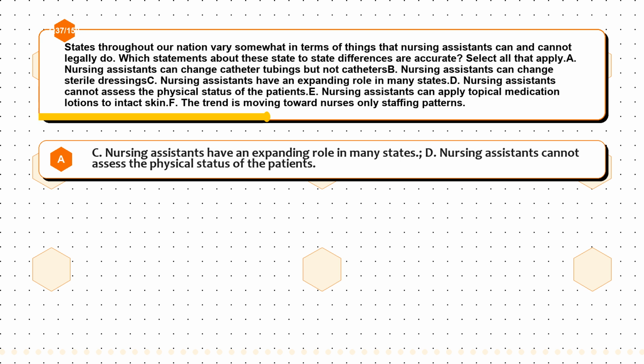C. Nursing assistants have an expanding role in many states. D. Nursing assistants cannot assess the physical status of the patients. E. Nursing assistants can apply topical medication lotions to intact skin. F. The trend is moving toward nurses-only staffing patterns.